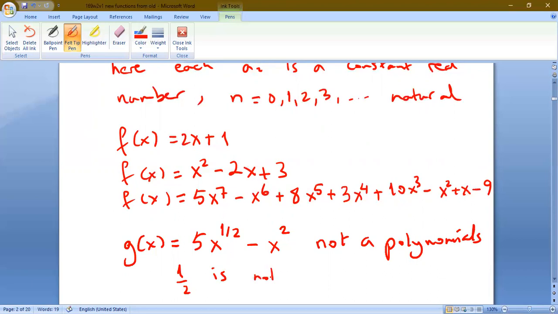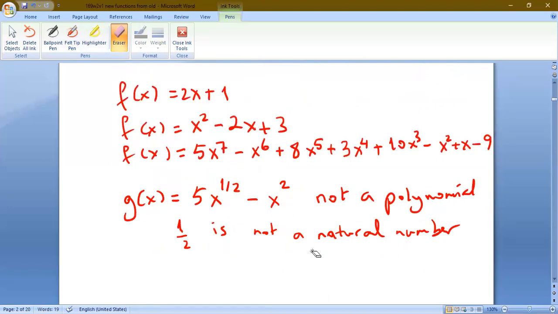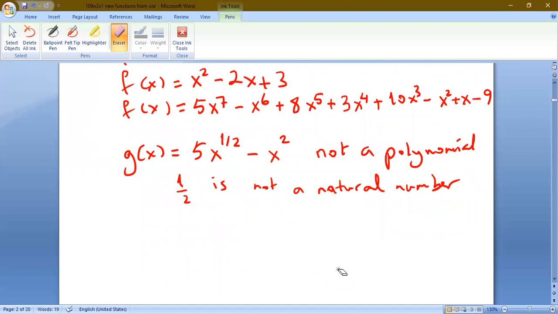This is not a natural number, not a counting number. So we want all the powers to be natural numbers. It's just a combination of two functions, like 5 times square root of x minus x squared, but it's not a polynomial.